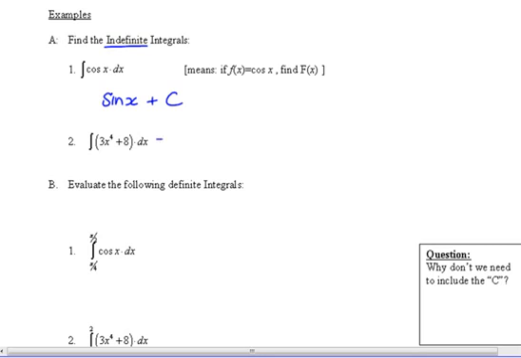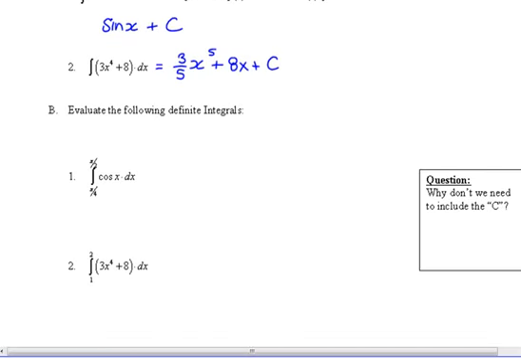Okay, so this guy, we're going to take the integral of each one. So if you integrate 3x to the 4, we're really anti-deriving it. So what are we going to do with the x to the 4? Add 1, so it'll be x to the 5, and then the 3 over 5. Plus 8 becomes 8x plus c.